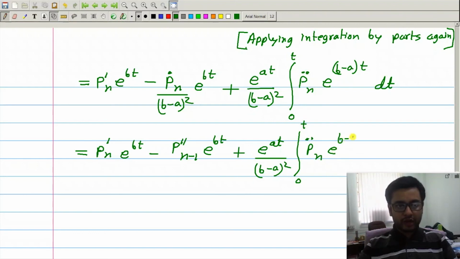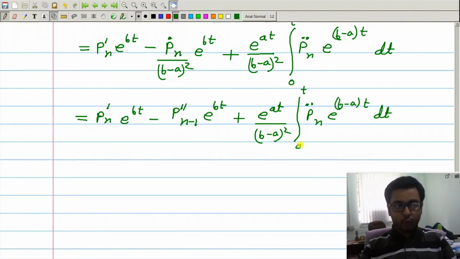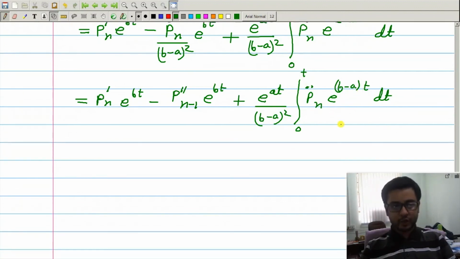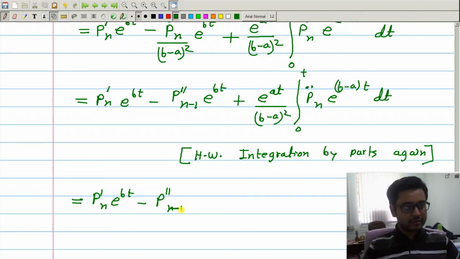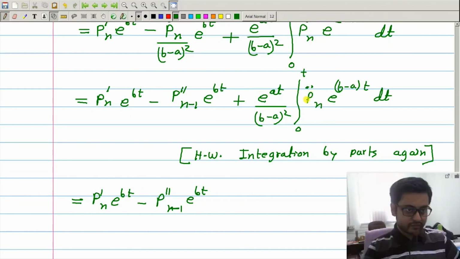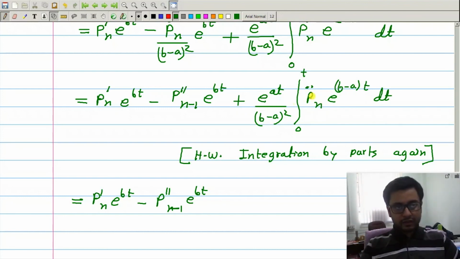Now your homework is to apply integration by parts once again, third time, on this term. Okay, if you do your homework, then you shall get these two terms as it is, and you shall get a term like the second derivative of p.